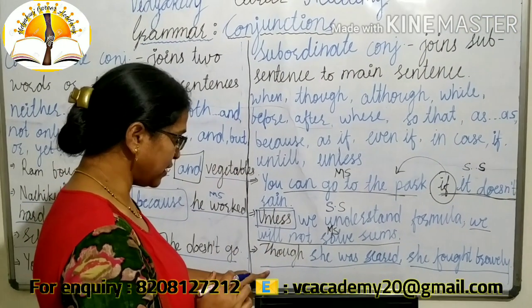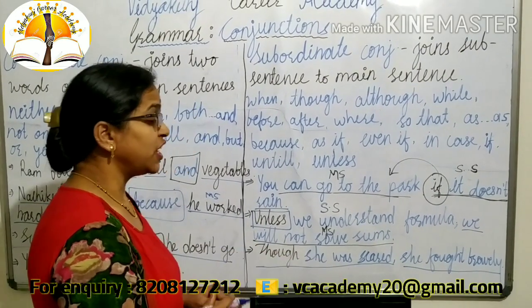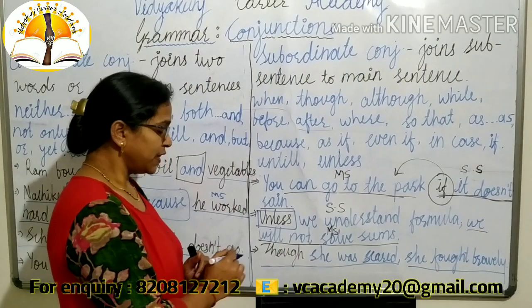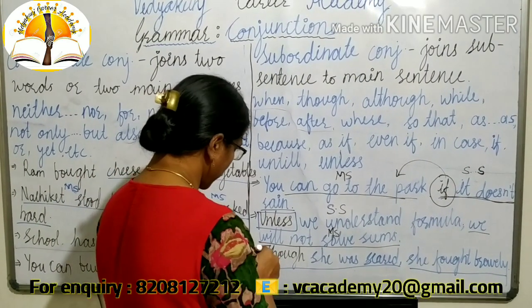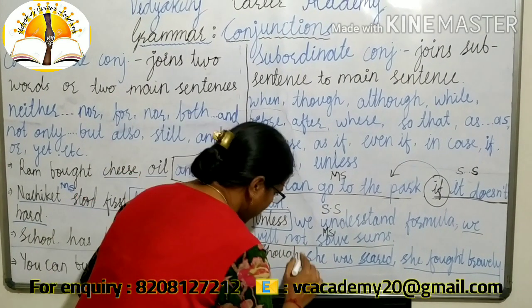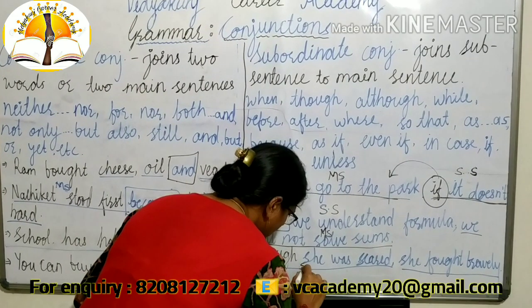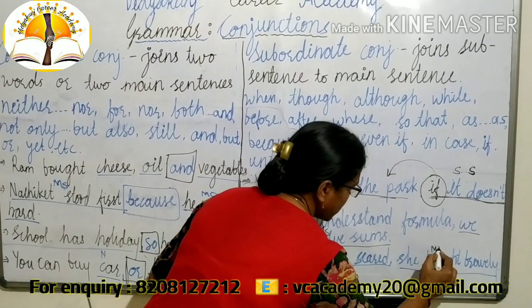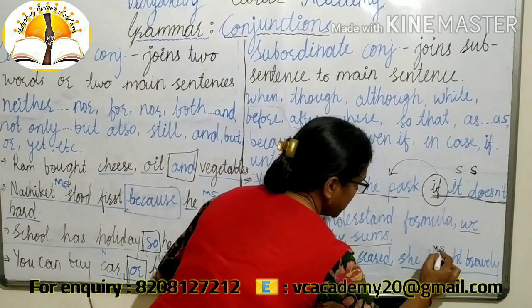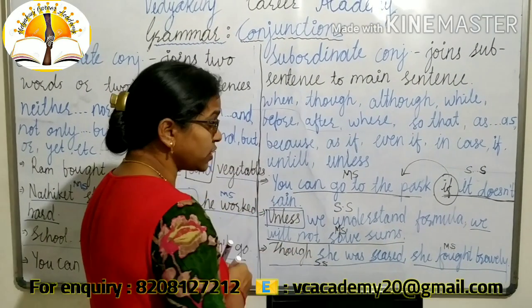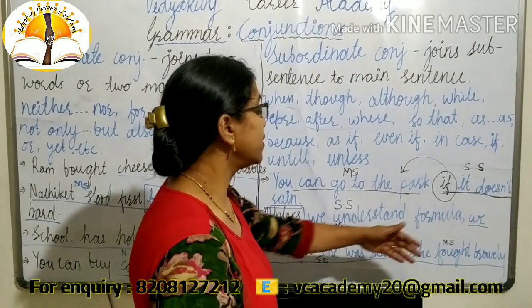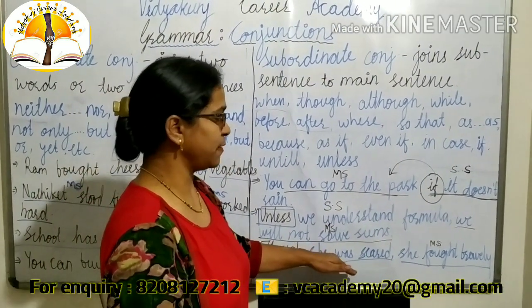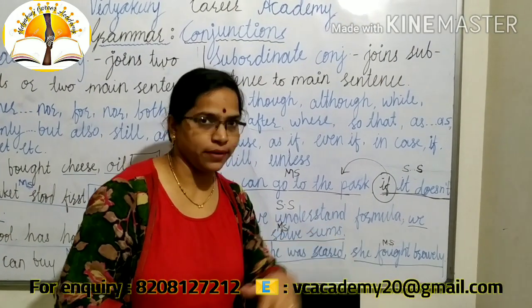If I read only though she was scared, it does not have a complete sense. So it is a sub-sentence and it is the main sentence, and they are joined with though. Though she was scared, she fought bravely.